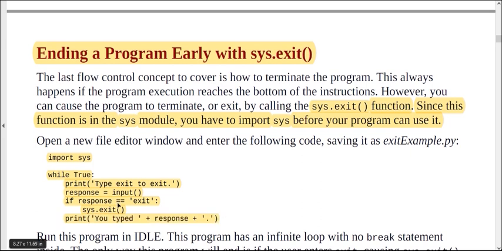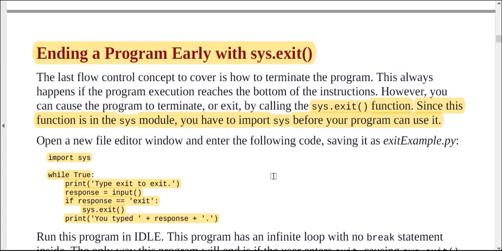If the response is equal to this exit, then with the help of this sys.exit function, the program can terminate and come out of the while loop. Otherwise, the response which was given by the user other than the required string value will be printed here.